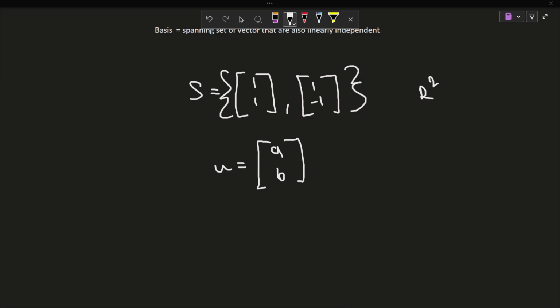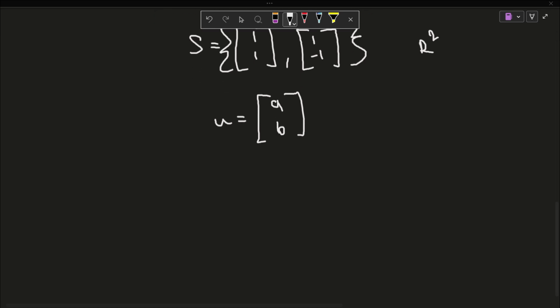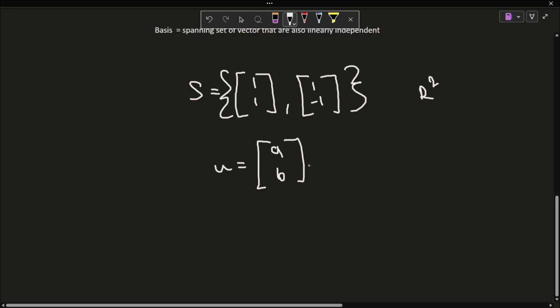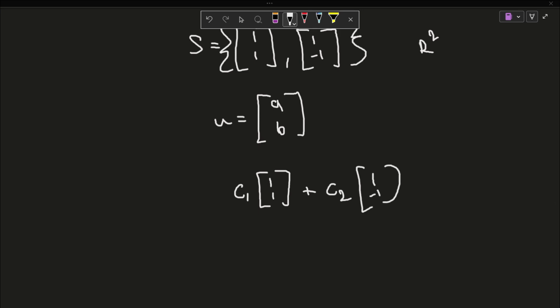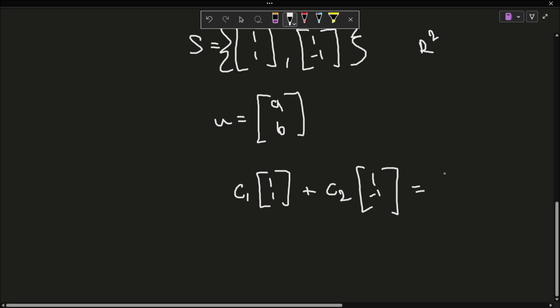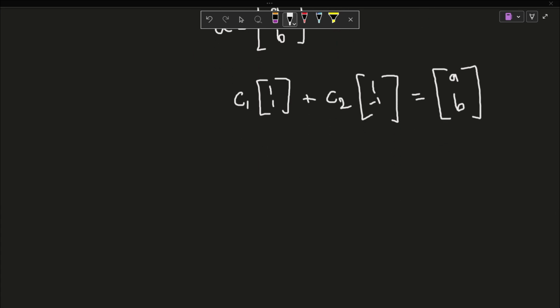Okay, so a and b. Now, somehow we need to get a spanning set. So we need to check if these two can span an arbitrary vector v. So let's say that we have c1, and that's going to be our first vector in our set, plus c2, the second vector in our set, and then some combination needs to equal a and b. So we need to check if a solution exists for all a and b.